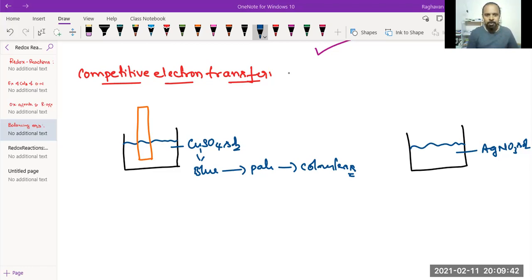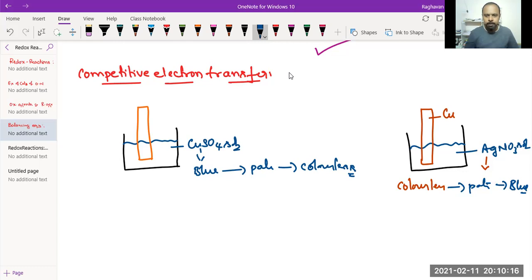So here I'm going to take silver nitrate solution and dip, this time, the copper rod into silver nitrate solution. The solution, first colorless, then becomes pale blue, then becomes blue.